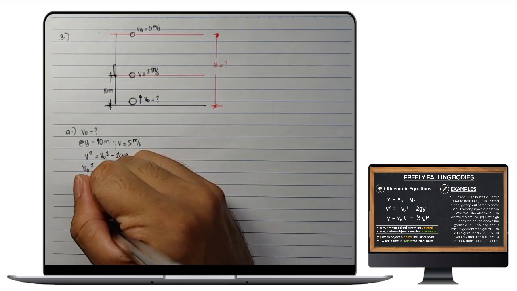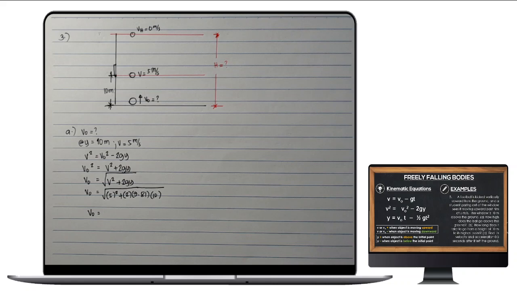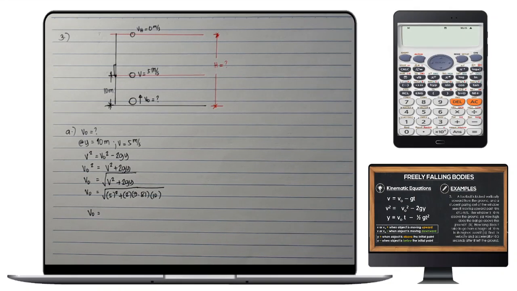So, we can solve for v sub o. So, yung v sub o natin, kuha lang tayo ng calcu. So, that is square root of 5 square plus 2 times 9.81 times y natin is 10.